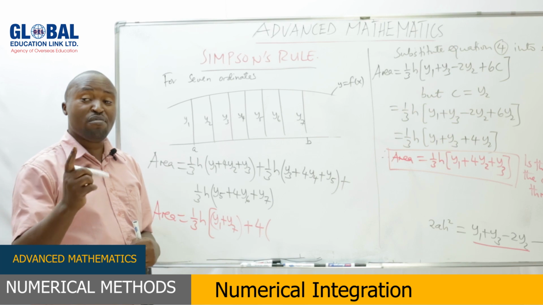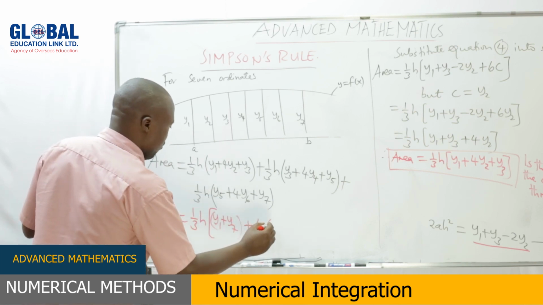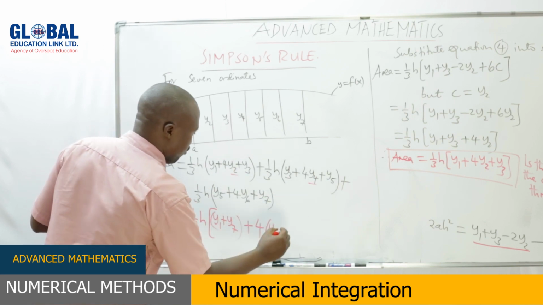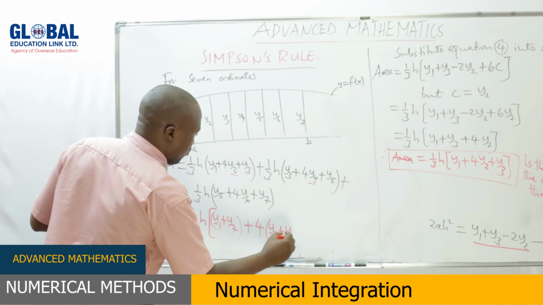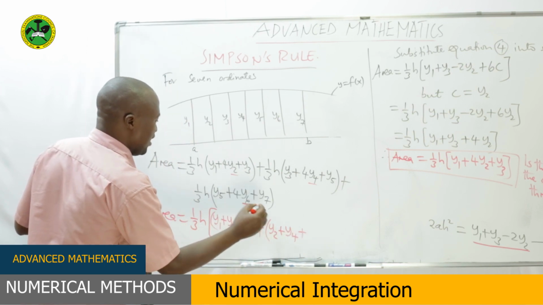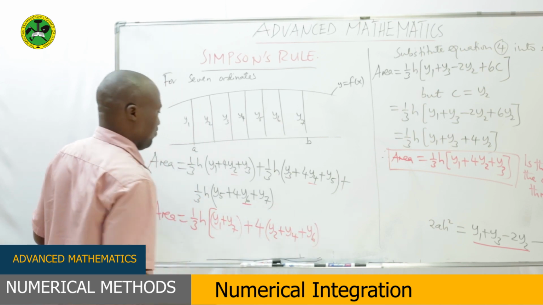Now we can count the even ordinates: we have y2, then y4, plus y6.